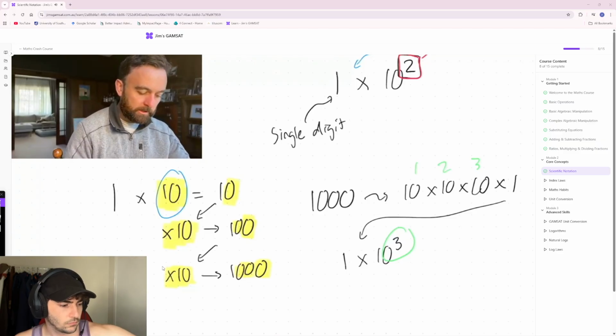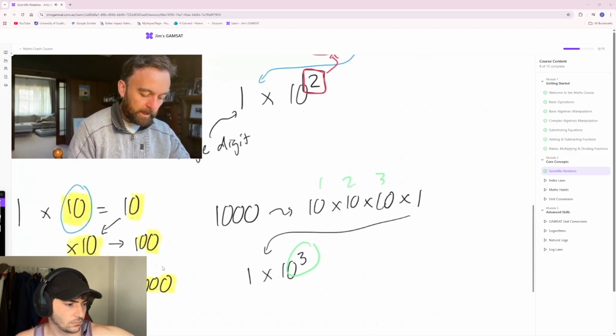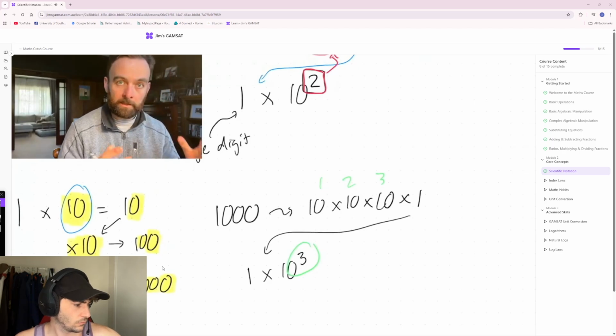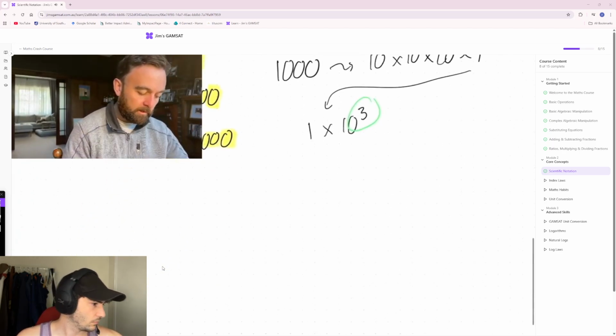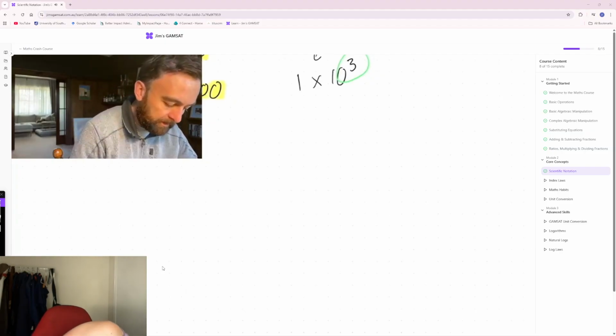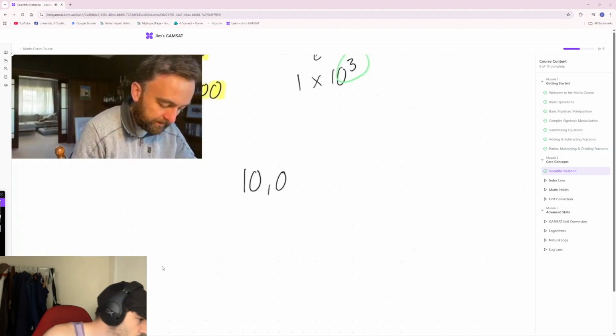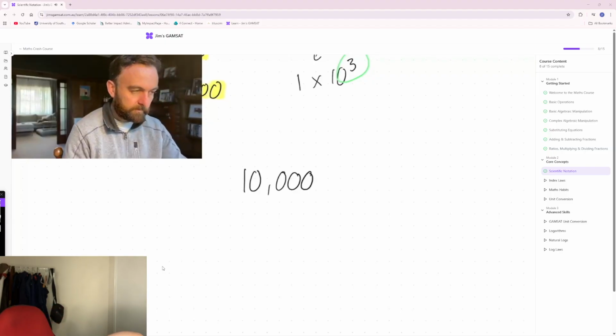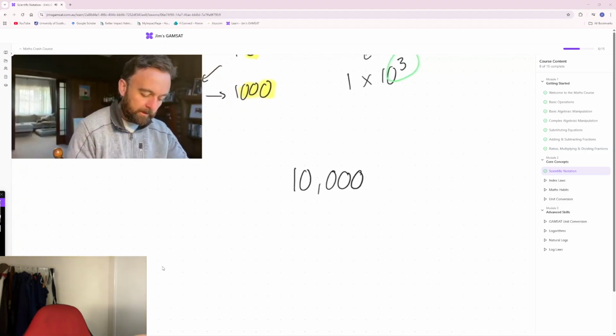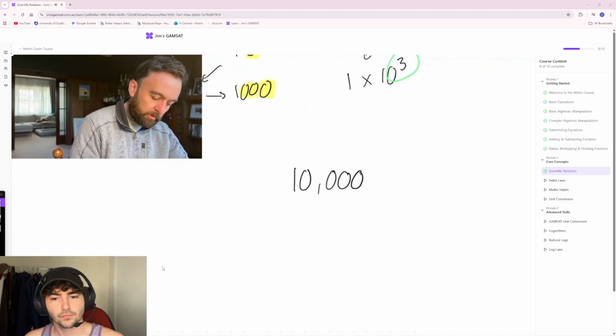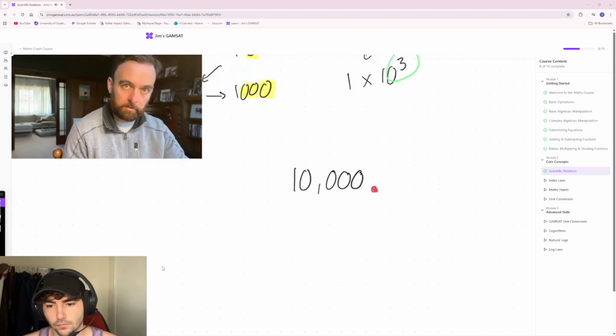So instead of having to break numbers up manually into powers of 10, we can write the number down. Let's say we do 10,000 now, so we're getting a little bit larger. We write the number down and put a decimal point. A lot of numbers won't have a decimal point in them.